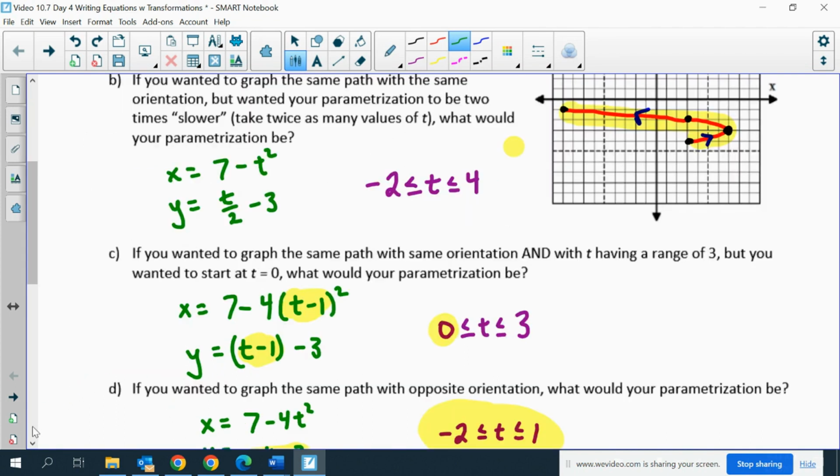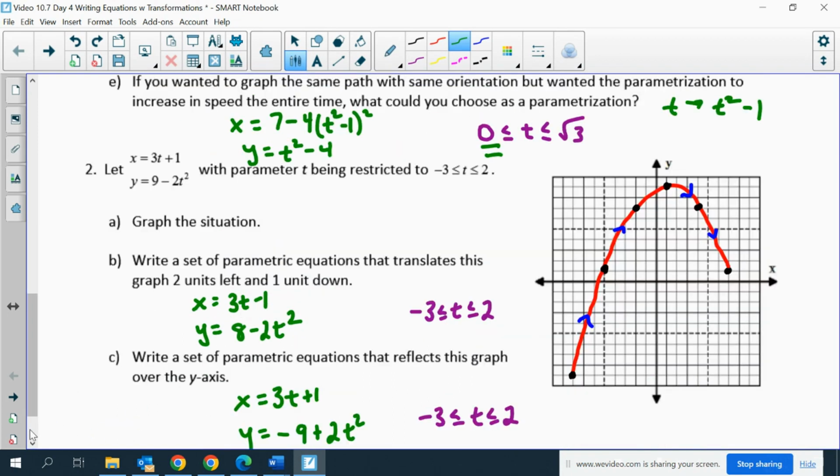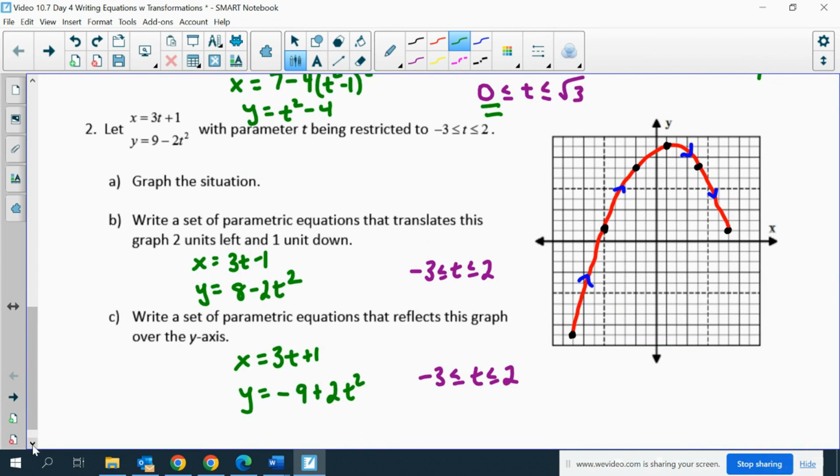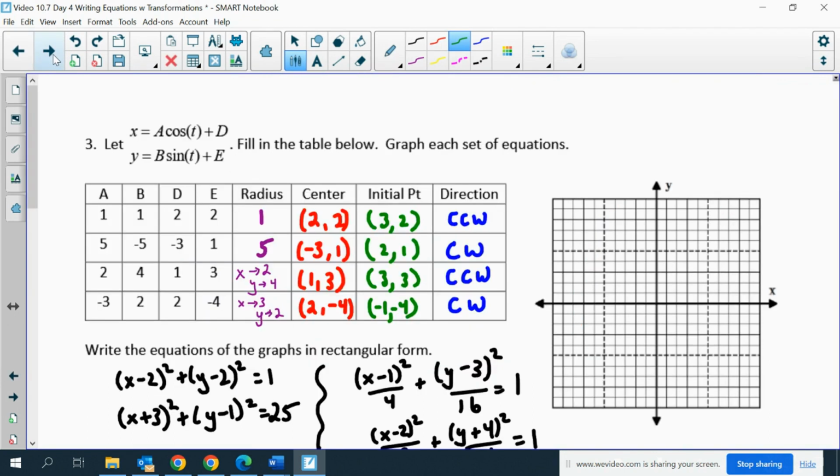And if something changed, like in this one where it became t minus 4, that's just because when I replaced t with t minus 1, I can do some simplifying. But in problem 2, I actually had to change values that weren't part of t. So I had to multiply the entire equation by -1 or add or subtract things to the entire equation. So that's how you can do shifts and stretches on parametric equations.